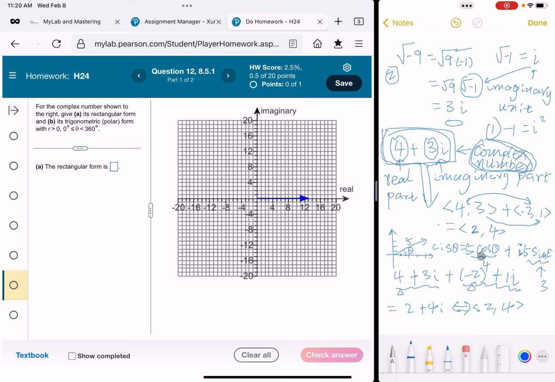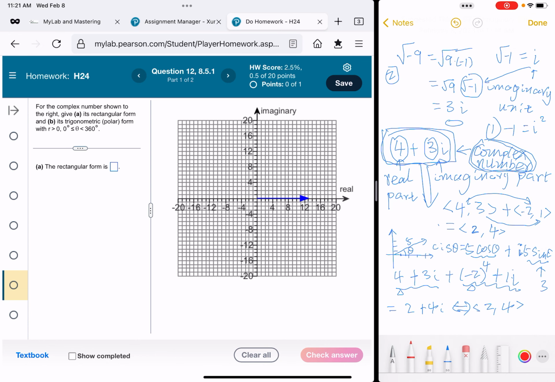C stands for cosine, and i stands for the imaginary part, and s is the first letter of sine, and theta you put behind it. So sometimes we add a parenthesis.